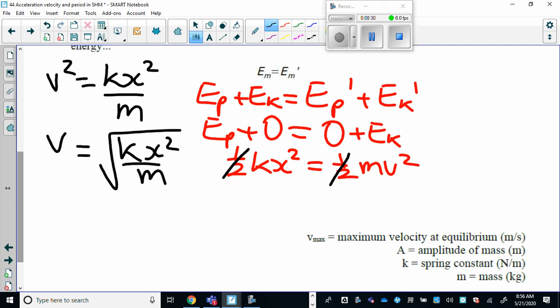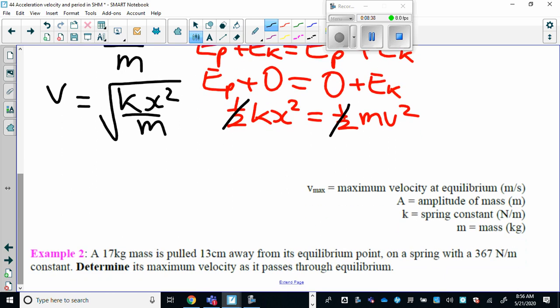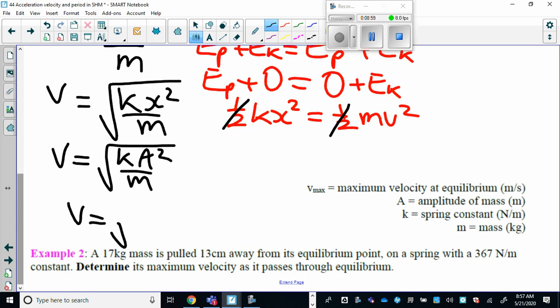Now the x in this is a very specific x, and we're going to call it the amplitude. Instead of x, you could just leave it at x, it doesn't really matter, but because it's specifically the maximum amount of stretch that you can get in the spring, we're going to call it A. And so we're going to rewrite this as A squared.